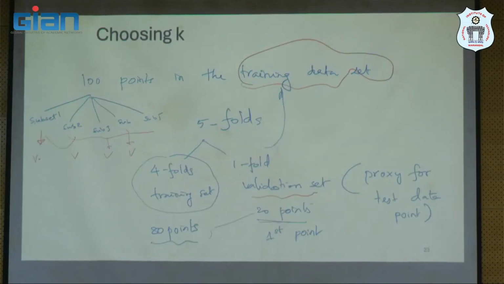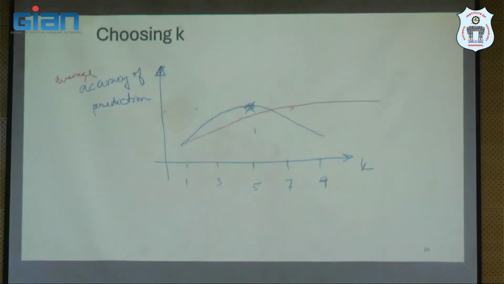Okay? So is this clear how to select K? The algorithm itself looks easy. Selection of K is another problem. So you have to address selection of K first when you are given a data set. Once you have identified K, then only you can go into the algorithm and execute it. So whenever you are working with K nearest neighbor, what people will ask you to show first is the plot of accuracy of prediction versus K. Or the question would be, how did you choose K?